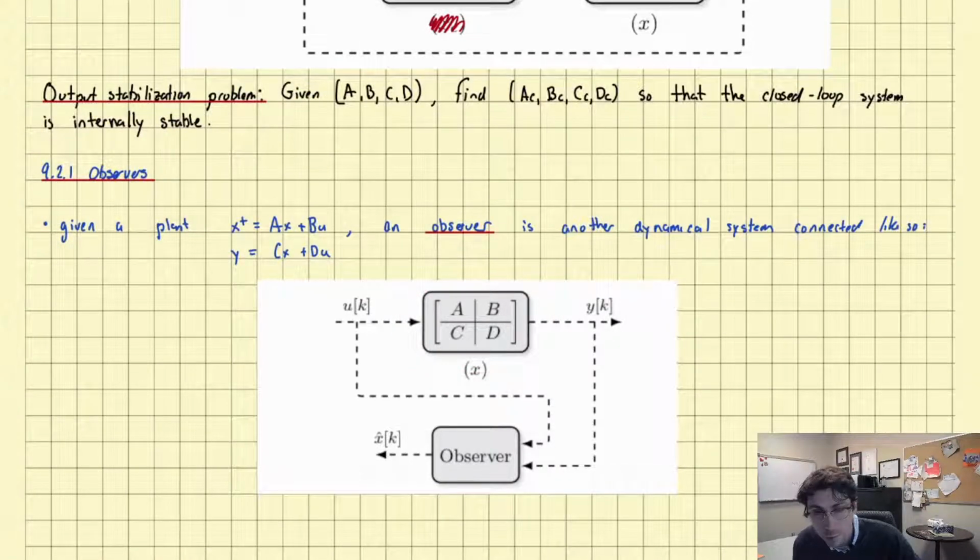And the observer, what it's going to do is it's going to look at the inputs going into the plant, which of course we have because that's on our computer, measure the outputs of the plant, and use that information, along with our model of the plant, to come up with this variable, which we'll call x hat, as the estimate of the plant's internal state. Okay? And again, looking ahead, what we're going to do is use that estimate in our control to implement the state feedback from the previous section.